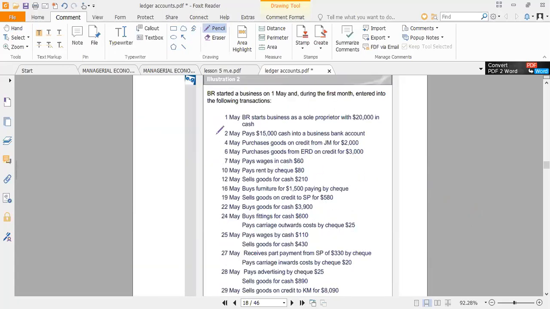May 2, I want you to participate now. We have: pays 15,000 into bank account. What is happening here? When we pay 15,000 into our bank account, and you debit in, then the bank will credit. So who's receiving?